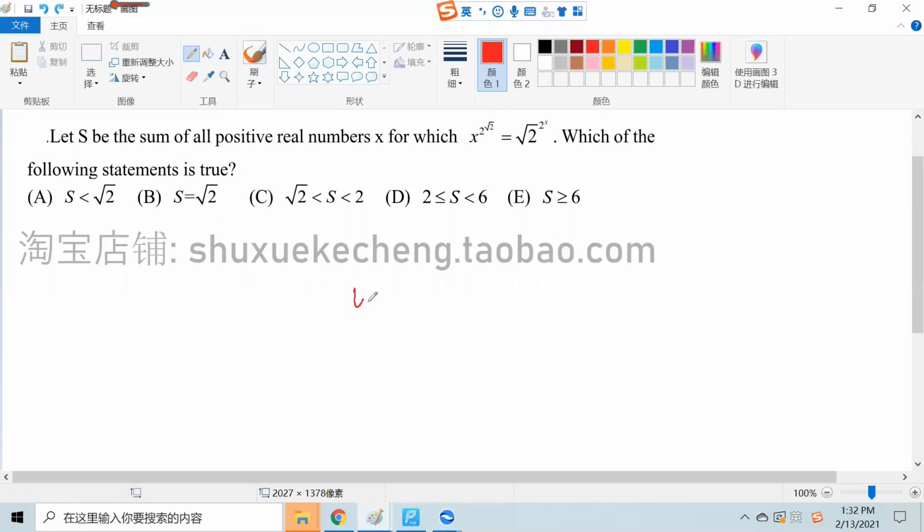So log 2 to the root 2 equals log 2 to the 根号2的 x 次方。好，这个变成根号2的 x 次方，2的 x 次方，然后就变成了 2 to the root 2 log 2x equals 2 to the x power times 1/2.